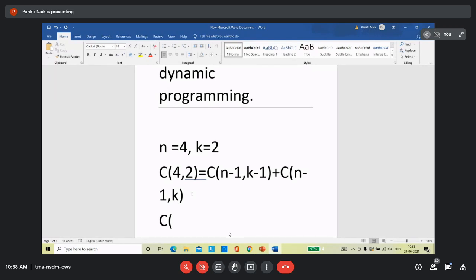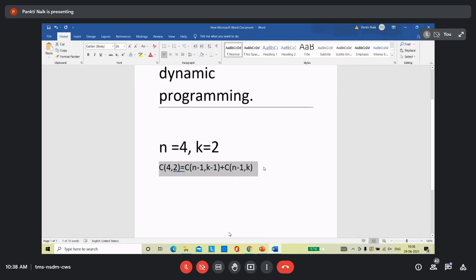C(4, 2) is equal to C of n minus 1, so that is 4 minus 1, 3, comma, k minus 1, that is 2 minus 1, 1, plus C of n minus 1, 3, comma 2.